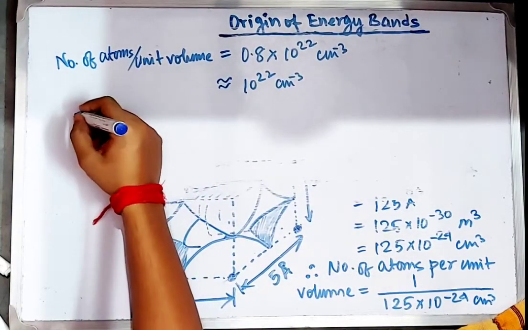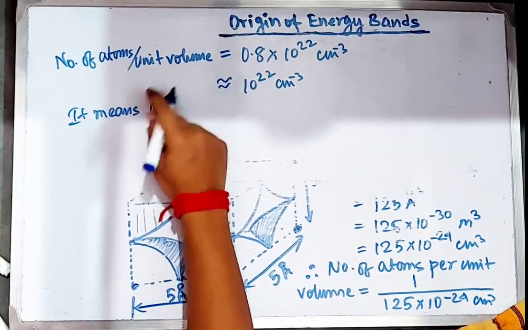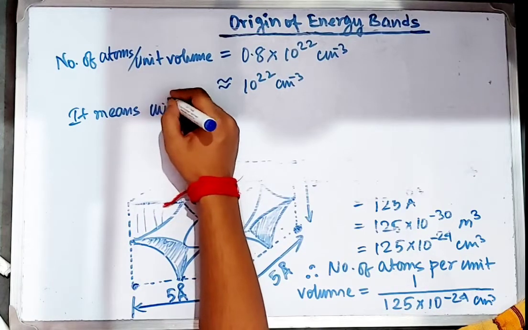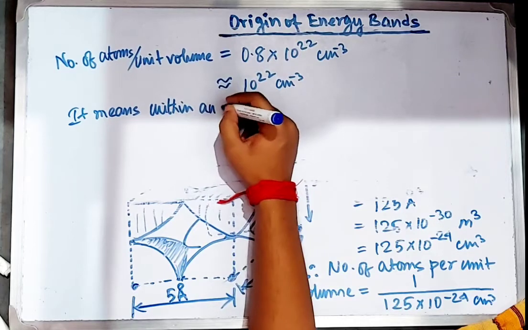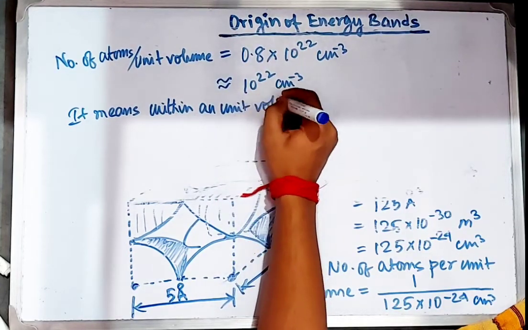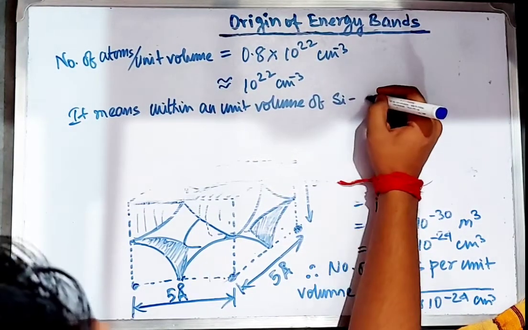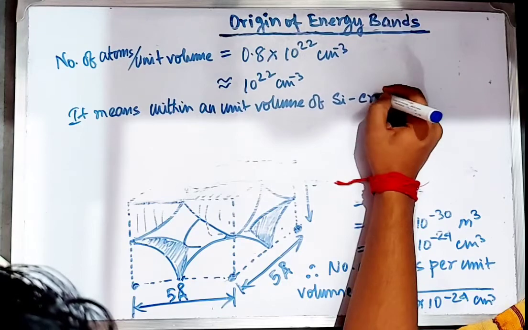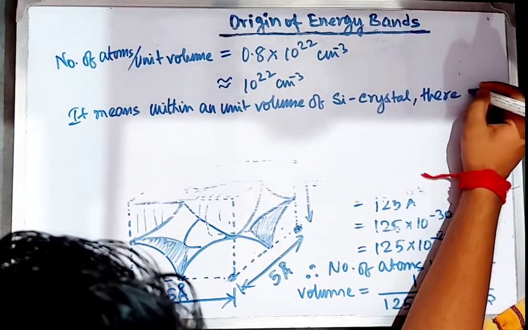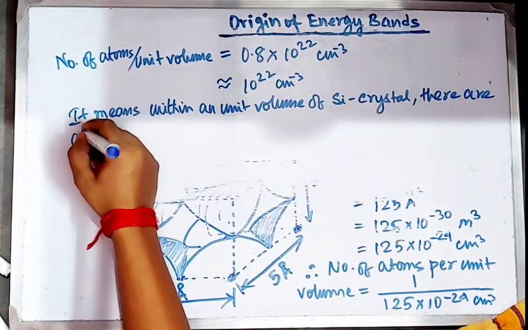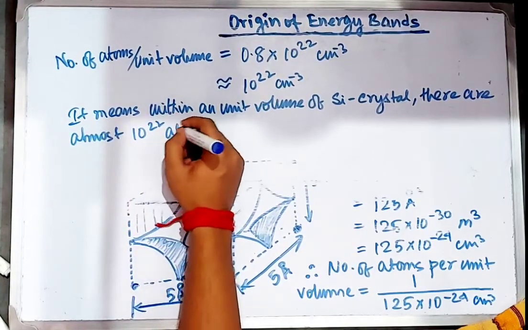So it means within a unit volume of silicon crystal, there are almost 10 to the power 22 atoms.